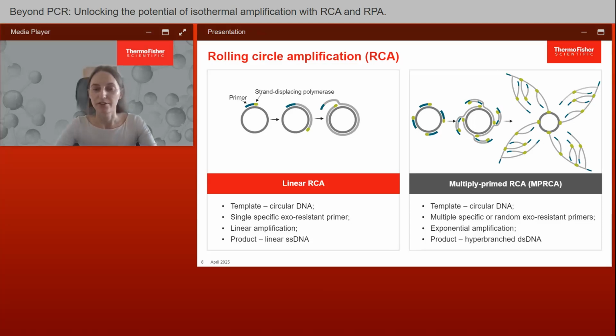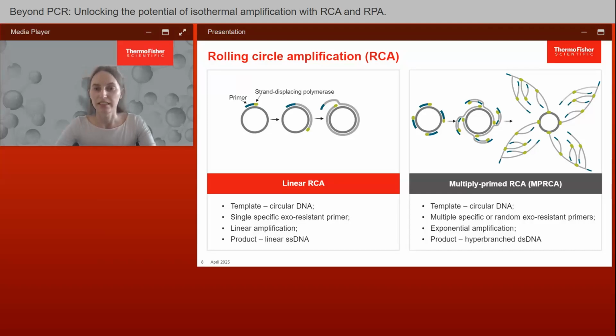In the MP-RCA reaction, we use multiple specific or random primers, and the benefit of random primers is that a single set of primers can be used to amplify multiple different DNA templates. The reaction mechanism of MP-RCA is very similar to linear RCA. Firstly, primers bind to the circular DNA template and are extended by strand displacing DNA polymerase.